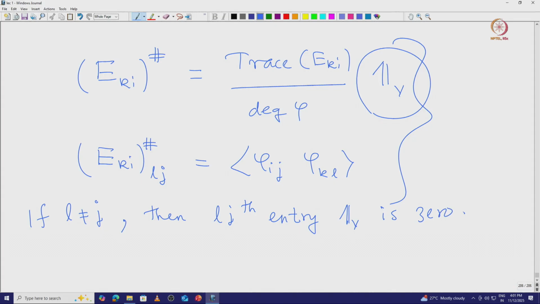So, that means this E_ki hashtag lj is 0, and that would imply that the inner product of phi_ij and phi_kl is going to be 0.